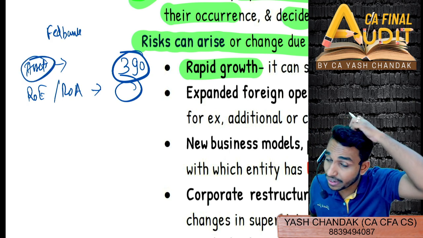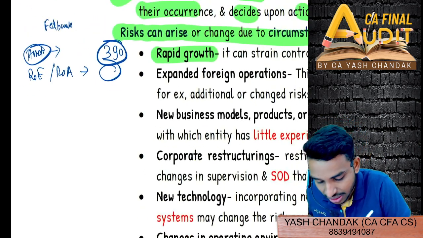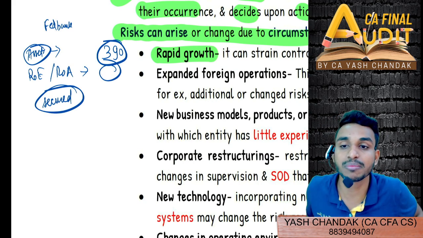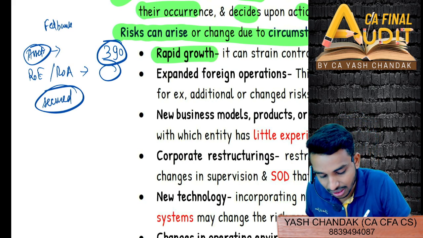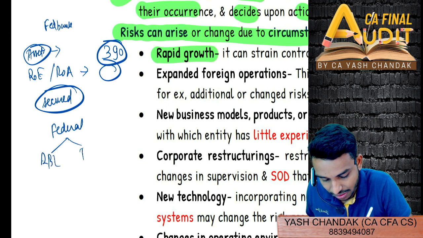And I'll tell you about Federal Bank. They are considered to be a safe bank, because generally they lend to those who are giving security, that means secured assets. So if you see, for Federal Bank the peers are, suppose, RBL Bank and IDFC First Bank.